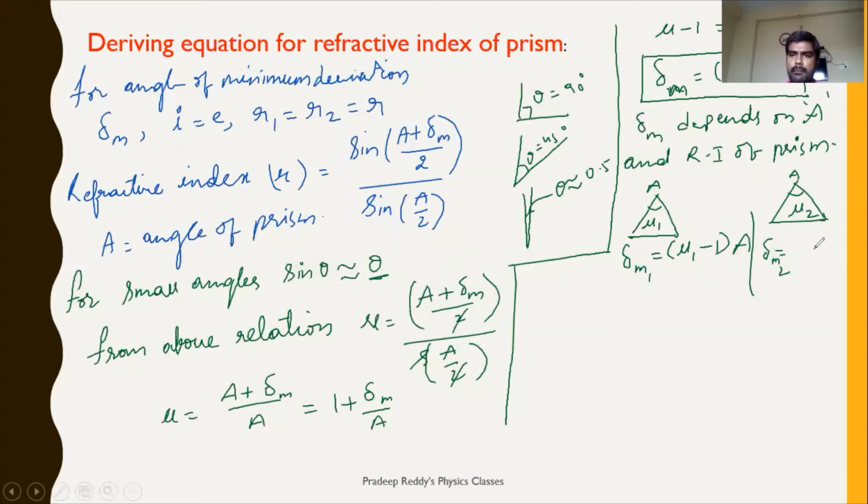It is (mu2 minus 1) into A, where mu1 and mu2 are the refractive indices of those two prisms. So one important point to be concluded in this is the refractive index. If the refractive index of the prism is being changed, then in such cases the angle of deviation is also being changed.